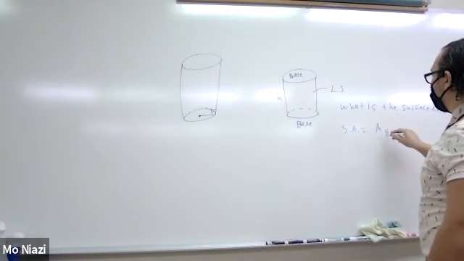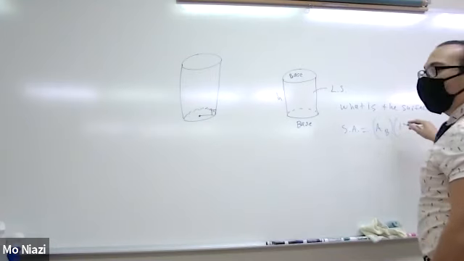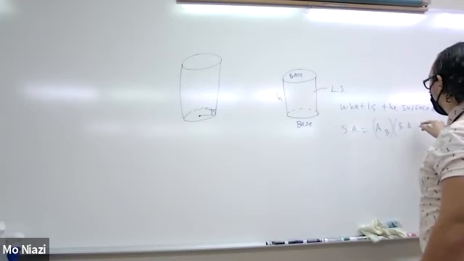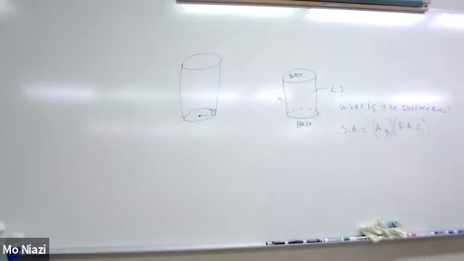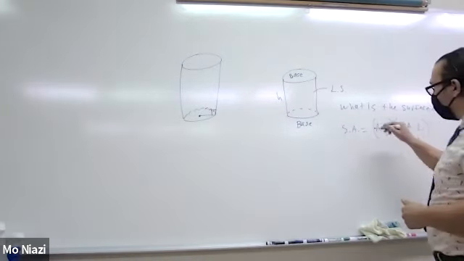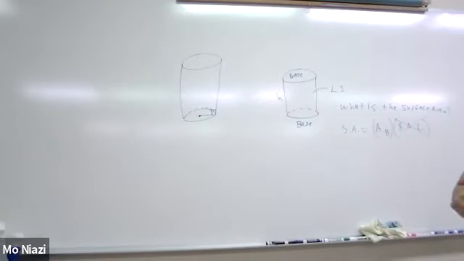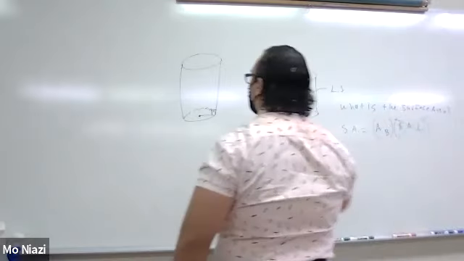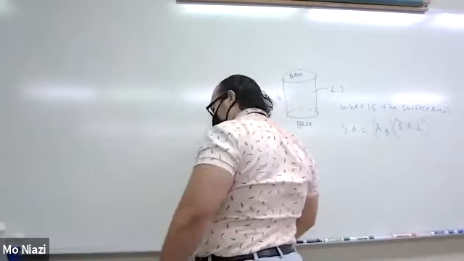I'll put A base times the lateral surface area. Surface area lateral. Not quite. Not this part, but that's a very good guess, okay? Let me show you how you derive it. First, we will discover it together, and then you can use it as much as you want.